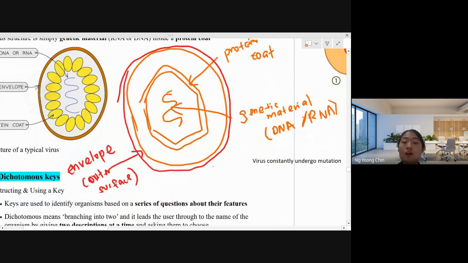So on the surface of the virus, on the outer surface which is located on the envelope of the virus, they do have the receptor, just like this one. The receptor on the virus is able to bind to the target receptor on the cell.